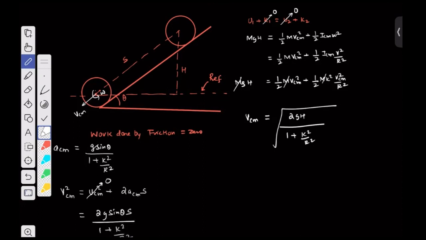Now, in this triangle, this angle is theta only, or not? I can write sine theta as h by S, correct? Replacing sine theta by h by S, it becomes 2gh by 1 plus k square by R square, which is equal to VCM square. So you see, we get the same answer whether you do it by kinematics or by energy conservation.